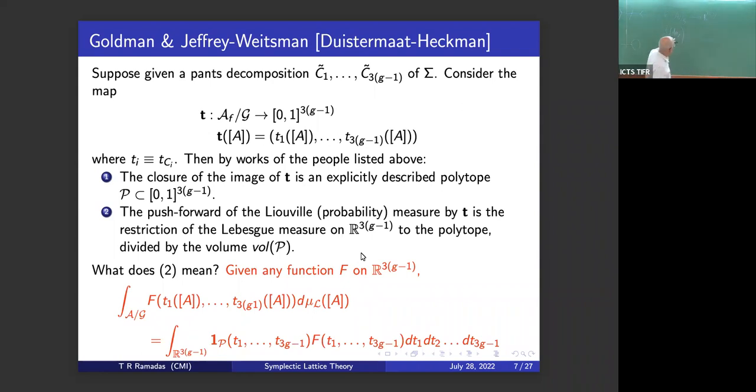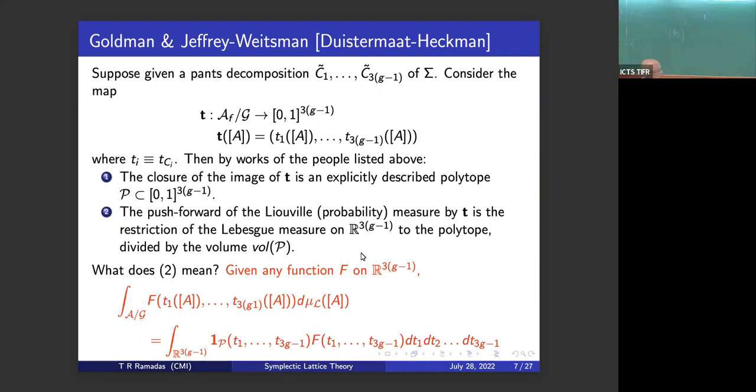If you take the push forward of the Liouville measure by this map, it is actually the Lebesgue measure on this R^n times the indicator function of the polytope P.